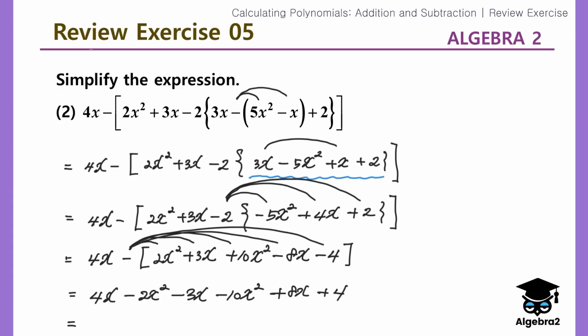We have x squared. So negative 2 minus 10, that's a negative 12x squared. X term, we have a 4x minus 3x plus 8x. 4 minus 3, that's 1. 1 plus 8, that's 9x. And we have this constant 4. So plus 4.